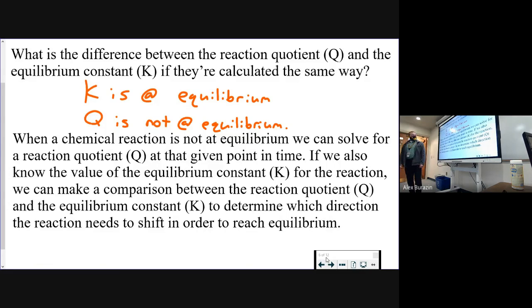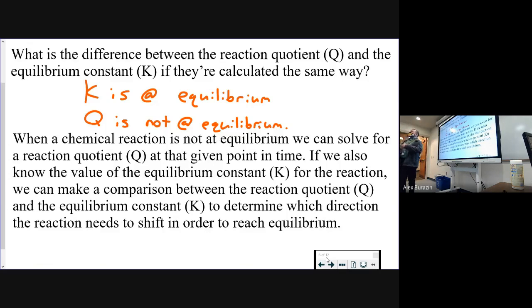It all makes sense. When a chemical reaction is not at equilibrium, we solve for Q. If you're given a problem, and we will be in just a little bit, and it says the following starting conditions, or initial conditions, that's trying to imply that it's currently not at equilibrium and it's going to start heading towards equilibrium.